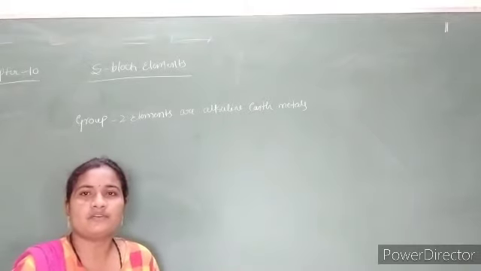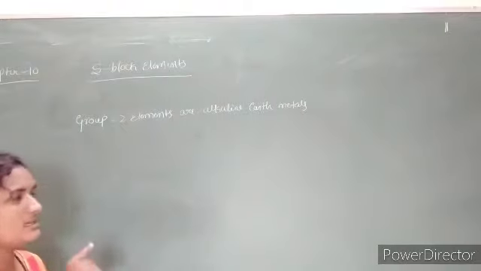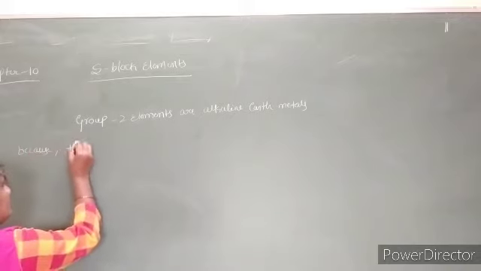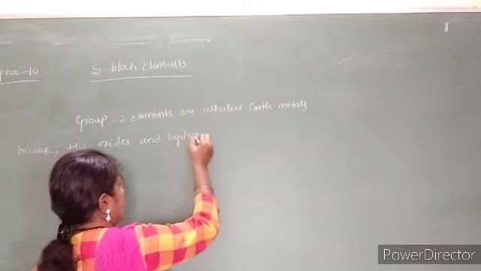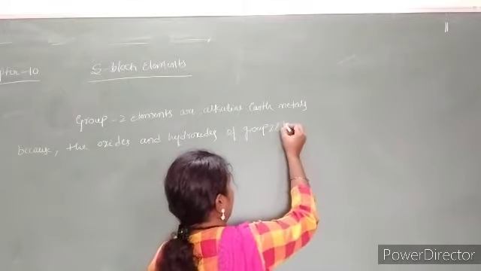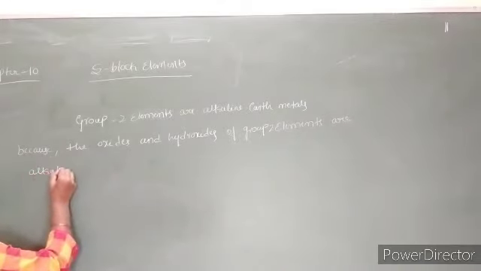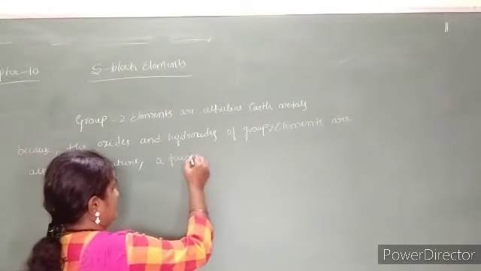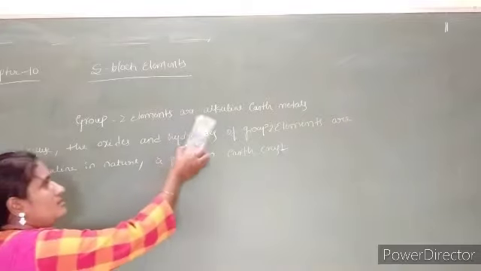The oxides and hydroxides of group 2 elements are alkaline in nature and found in the earth crust.